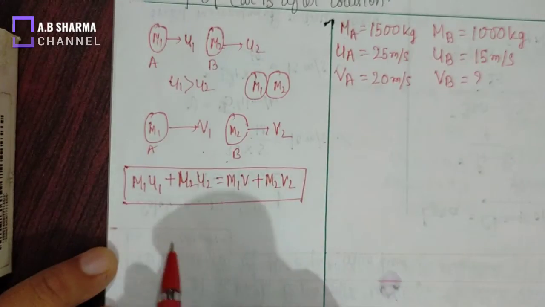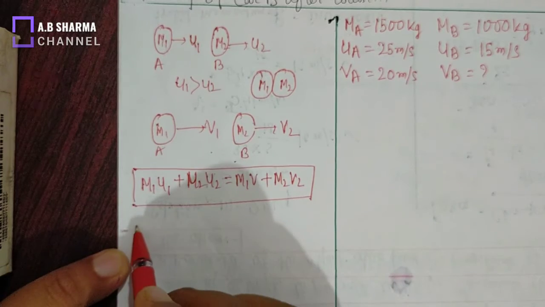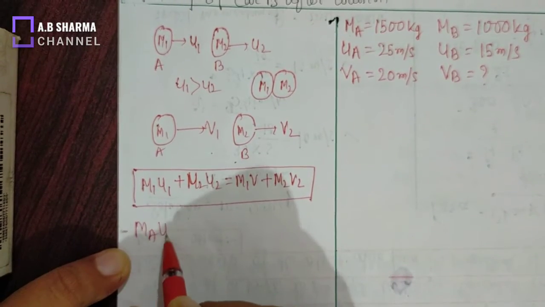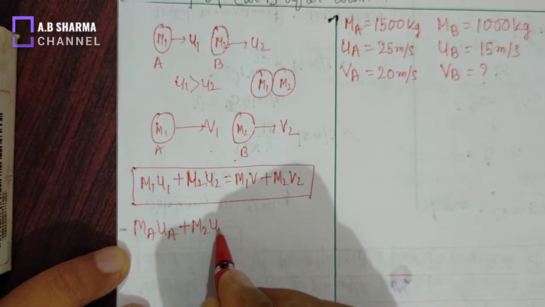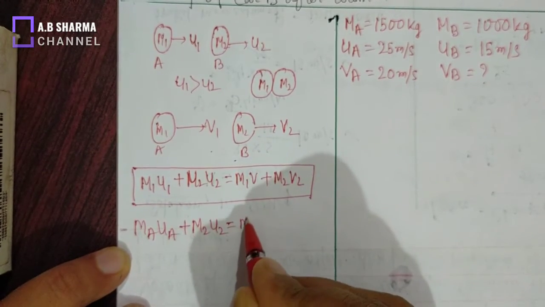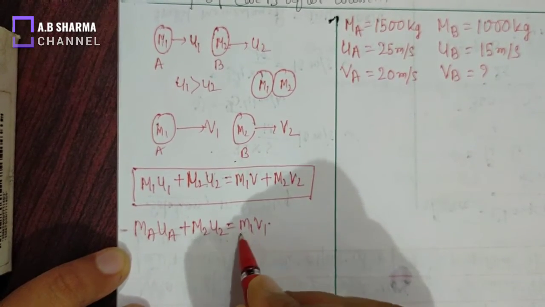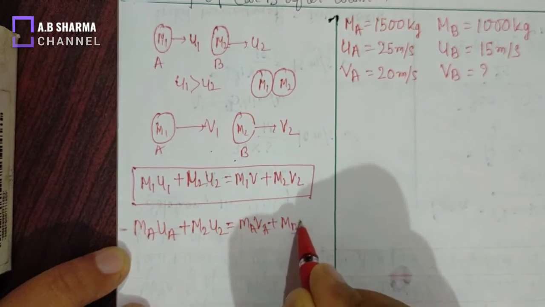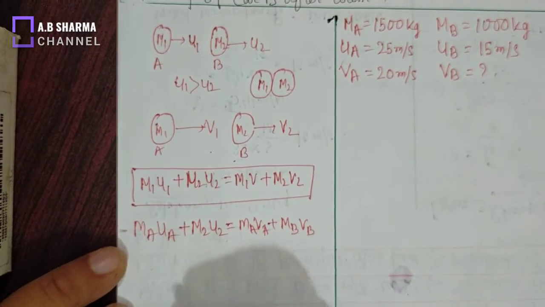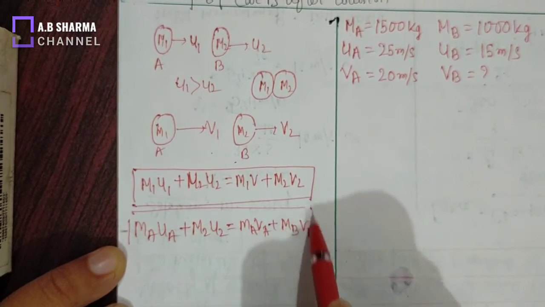So from this formula, MA UA plus MB UB equals MA VA plus MB VB. This is the formula we will use.